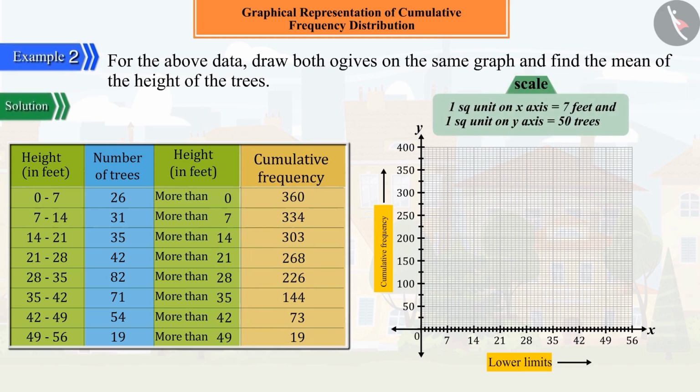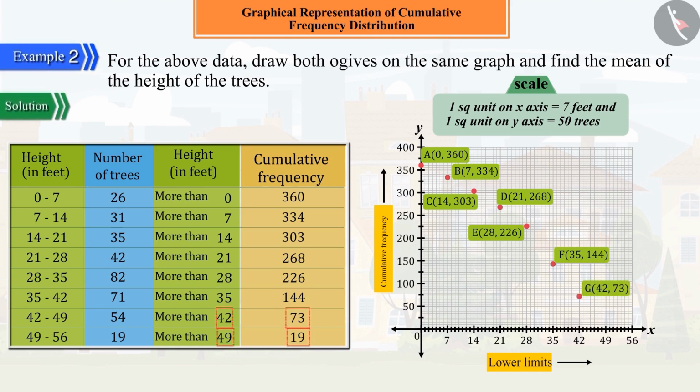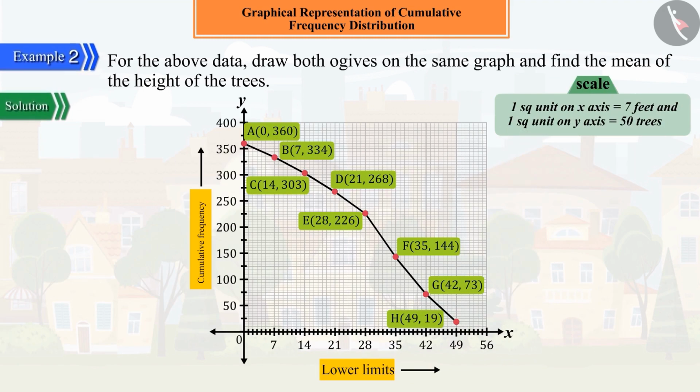To represent this data graphically, mark the lower limits on the x-axis and cumulative frequencies on the y-axis. Plot the corresponding points of ordered pairs A, B, C, D, E, F, G and H obtained with the lower limits and the corresponding cumulative frequencies and carefully join all these points. From which we get a curve which is called more than type of ogive.